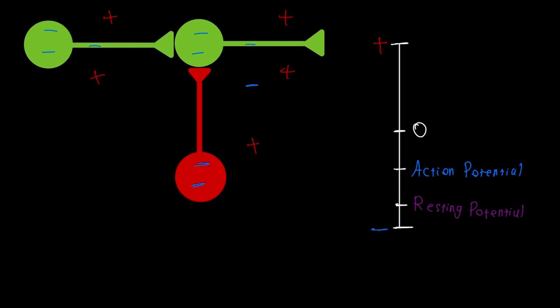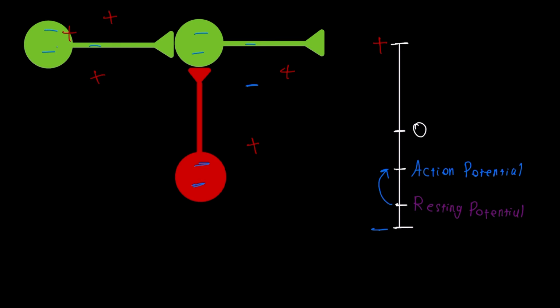However, if we move just a little bit towards positive, and some of these positive ions move into the neuron, it's going to reach a threshold where it's going to activate its action potential.